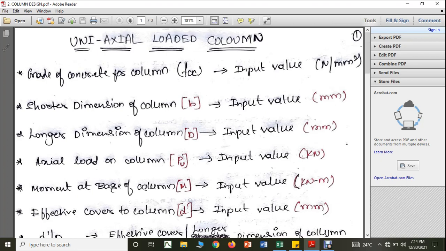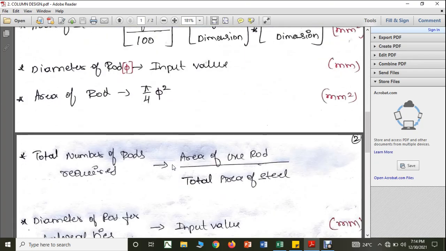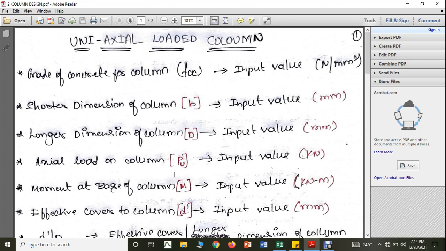Therefore in this session I will explain the design of the uniaxially loaded column, and in the next session we will learn how to design the biaxially loaded column. You should know how to identify whether a column is uniaxially or biaxially loaded. This is the design procedure that we are supposed to follow for the uniaxially loaded column. The same thing let us design in the Excel sheet also.